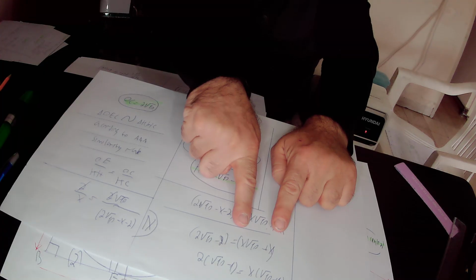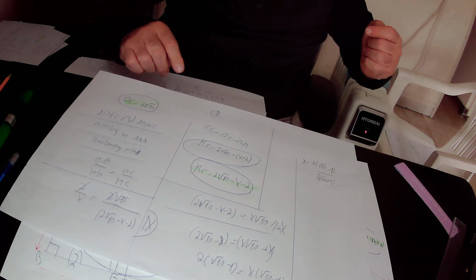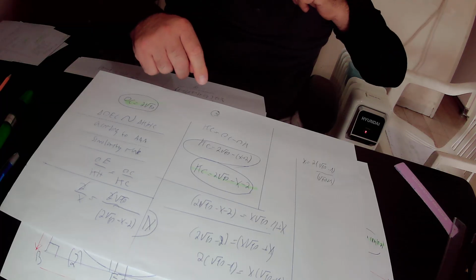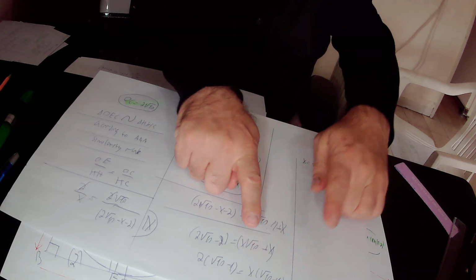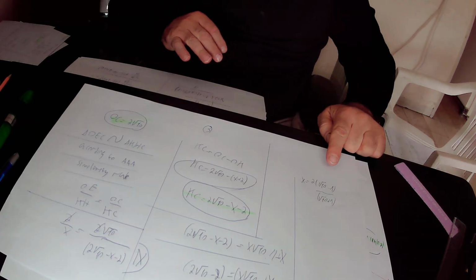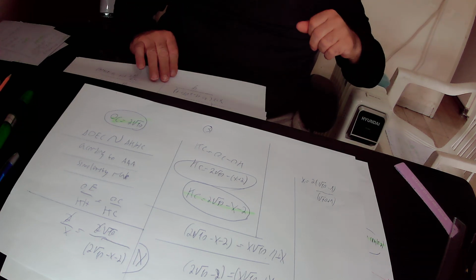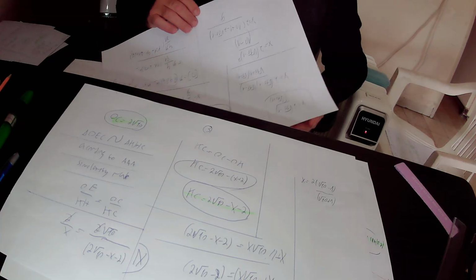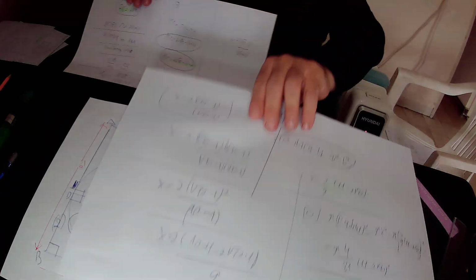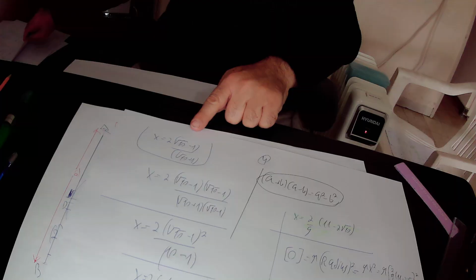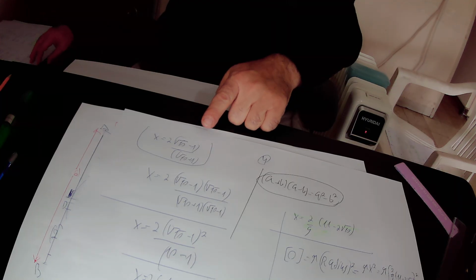Here we took x as a common factor from those two expressions, so inside the brackets we are left with square root of 10 plus 1. Here we divided this equation by square root of 10 plus 1, and we found that x equals 2 times square root of 10 minus 1 over square root of 10 plus 1.